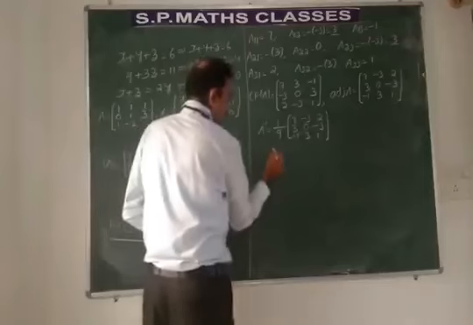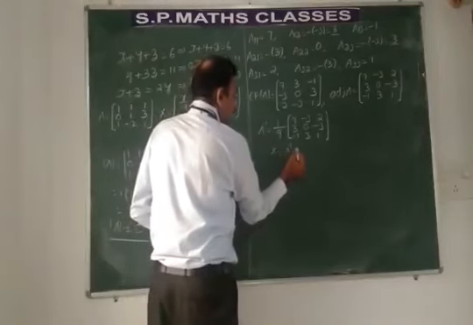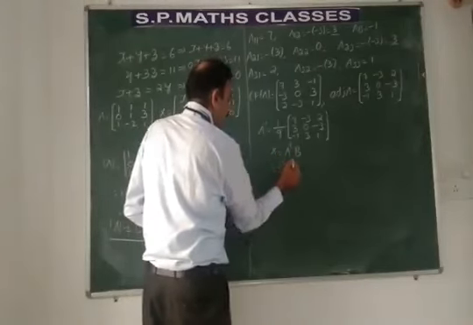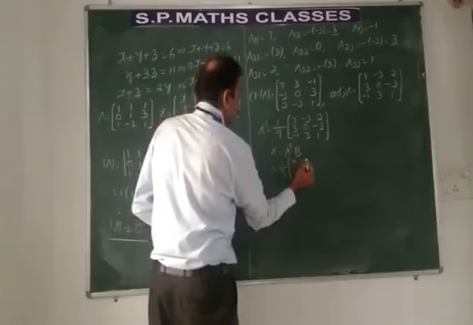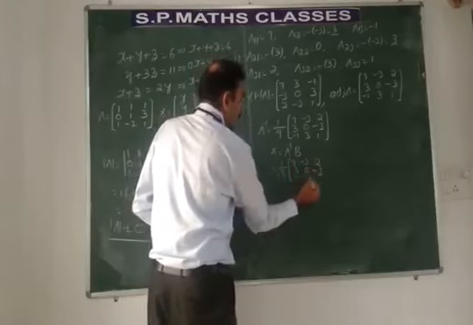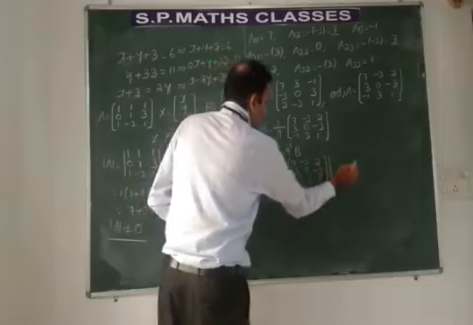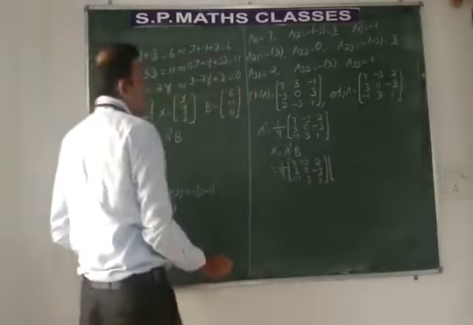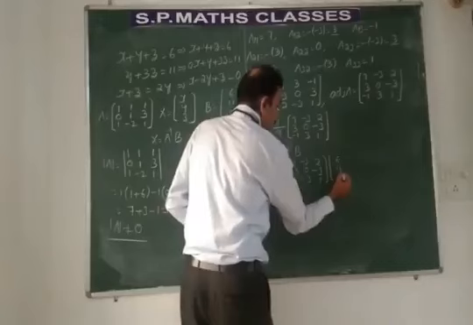Now what is the solution given by X is equal to A inverse into B? 1 by 9 into 7, minus 3, 2, 3, 0, minus 3, minus 1, 3, 1, into B. What is B? B is 6, 11, 0.